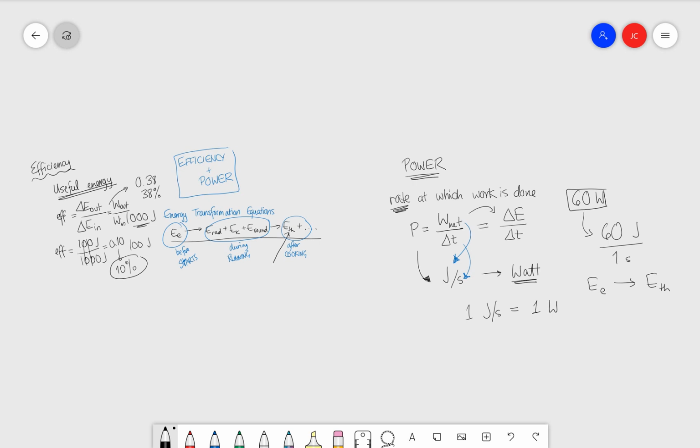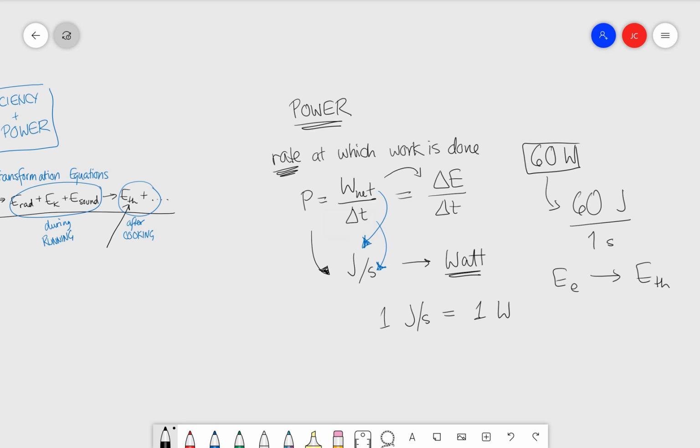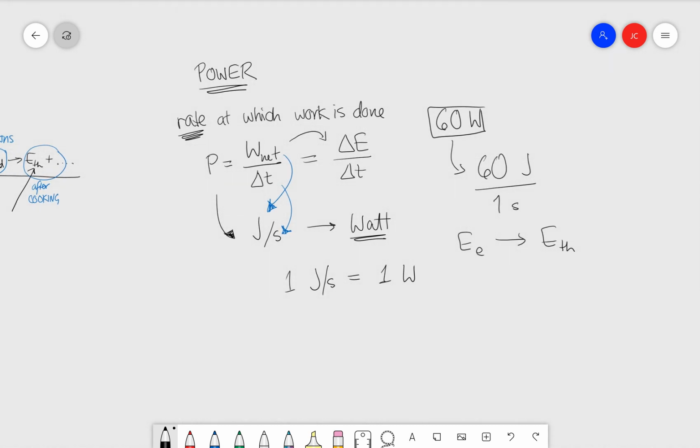If you're cooking something, you care about thermal energy, but probably not about sound or light energy. Also, we talked about power, which is the rate at which work is done, or the rate at which an energy transformation occurred. It's measured in watts, and it's equal to W net over delta T, or delta E over delta T, depending on whichever way you want to state it.